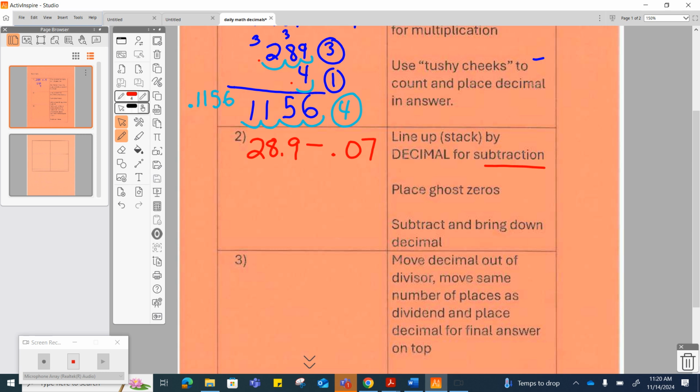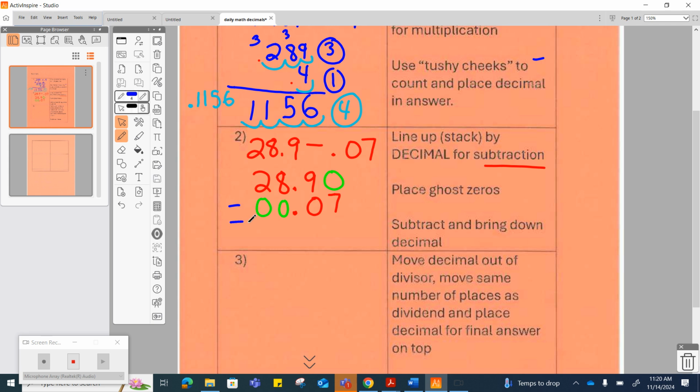That means 28.9. My decimal is right here, 0.7. The next step says place the ghost zeros. That's all of the spaces where I'm adding or subtracting into nothing. Oh, and this was subtraction. I started to write addition.